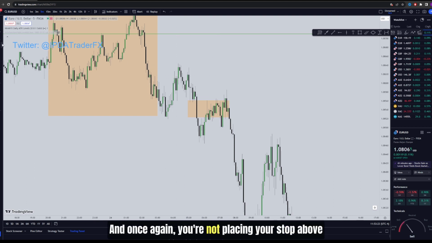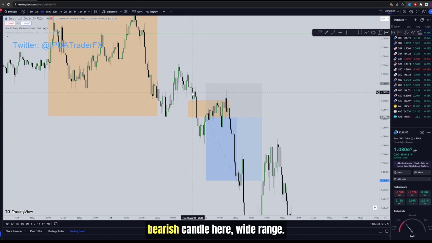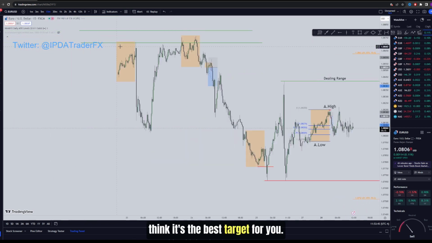And once again, you're not placing your stop above or below the swing point, which in this case would be clearly here, but you're using the thrust principle, which in this case would have been this bearish candle here, wide range, and you're looking for a wide ranging candle that closed through the low right there. And once again, you target whatever you think is the best target for you.